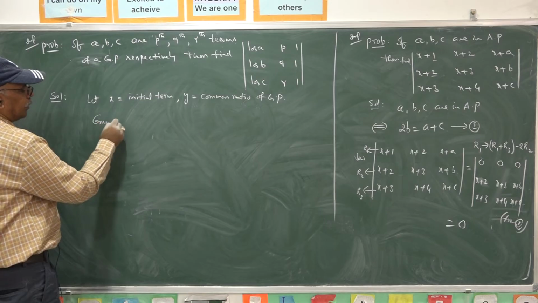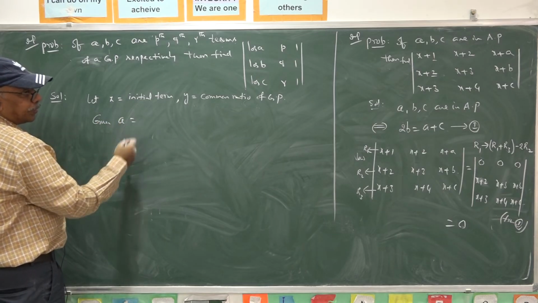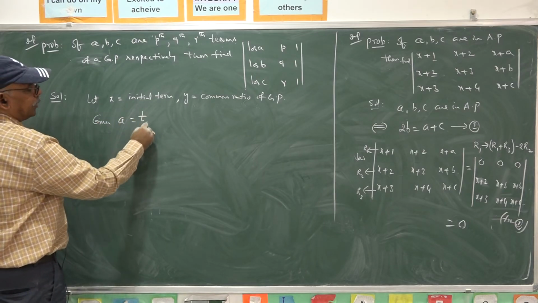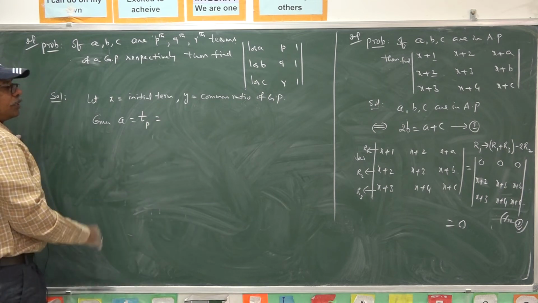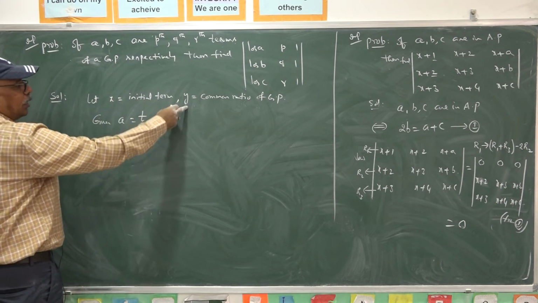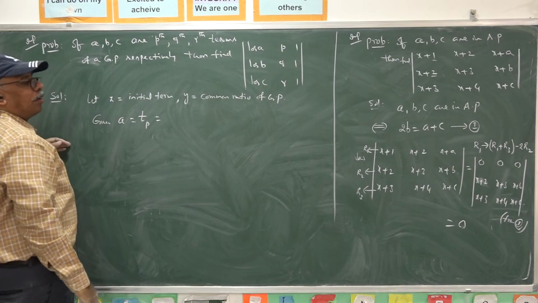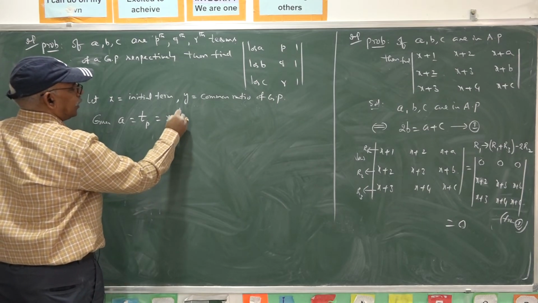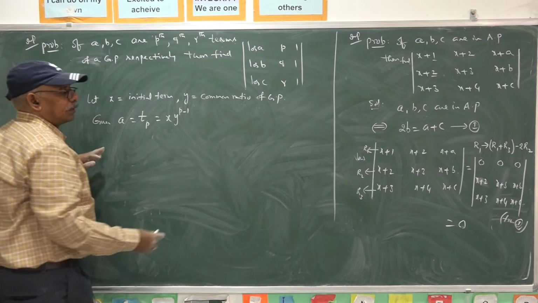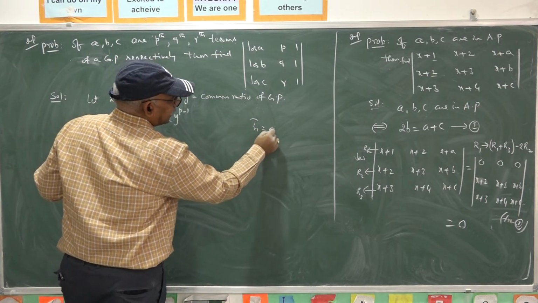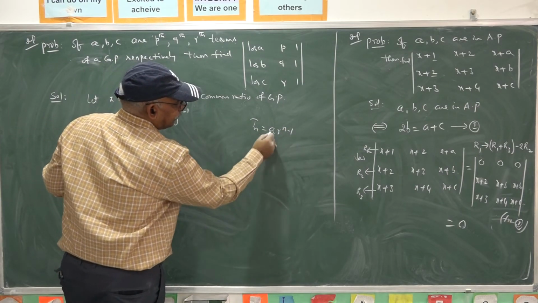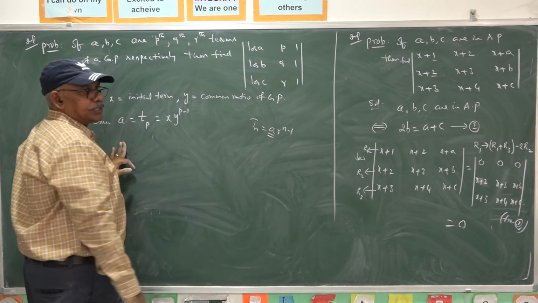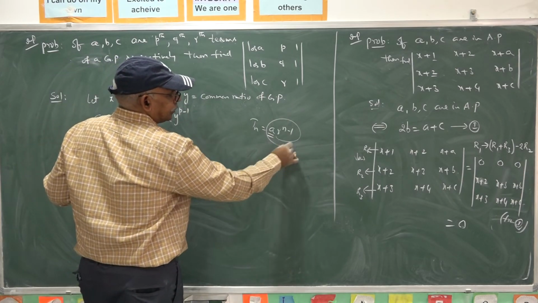Then, given A equals the pth term of a GP having initial term X and common ratio Y, it is X Y power p minus 1. Tn equals A R power n minus 1, where A is the initial term and R is the common ratio.